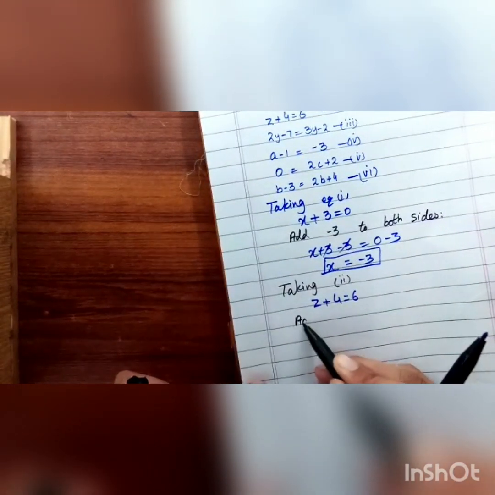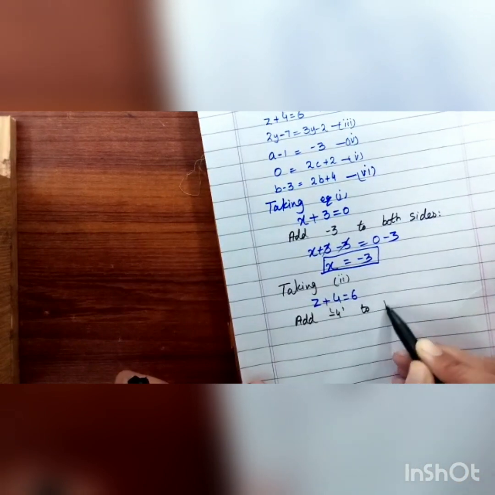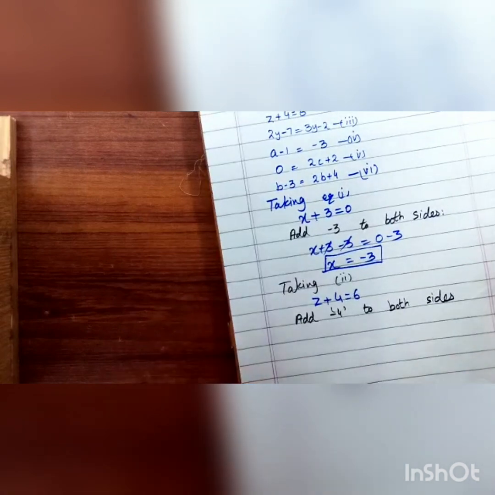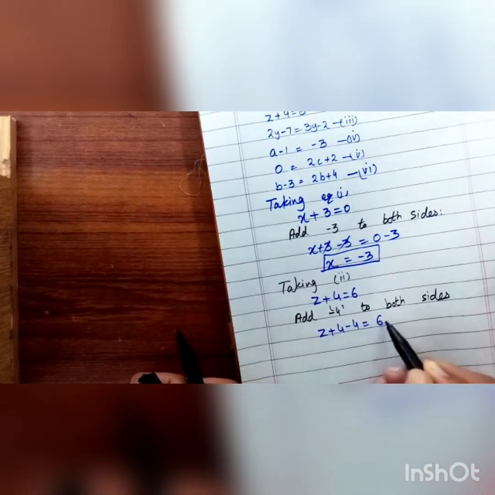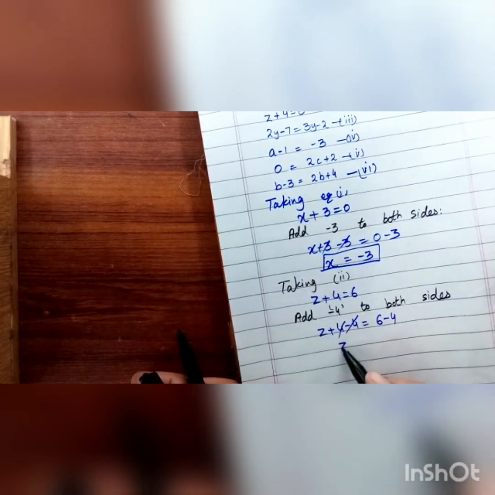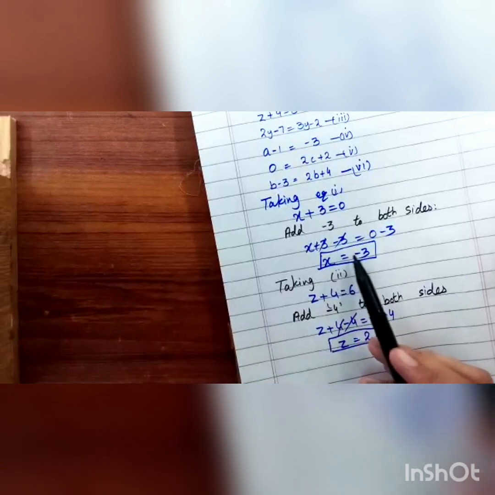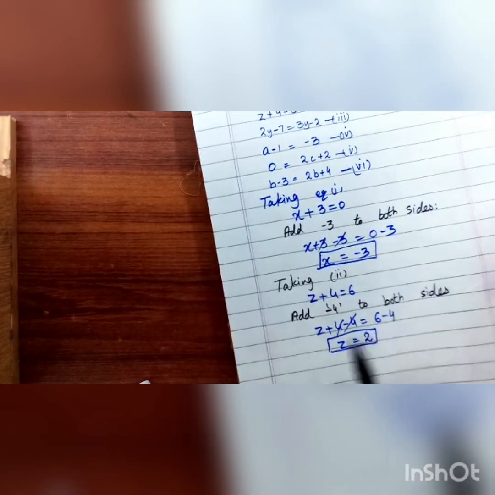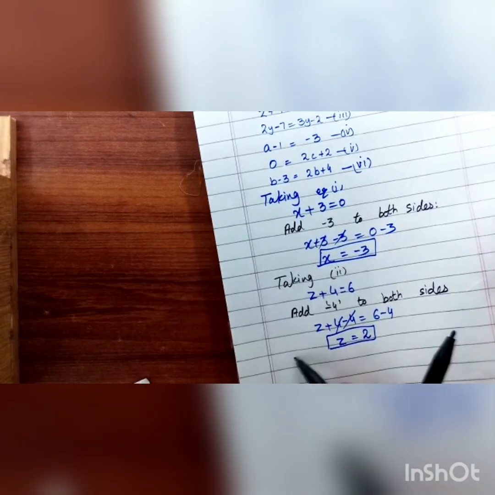So for that purpose, we will add minus 4 to both sides. So by adding minus 4 to both sides, we will get z is equal to 2. So we got two values: the value of x and the value of z.